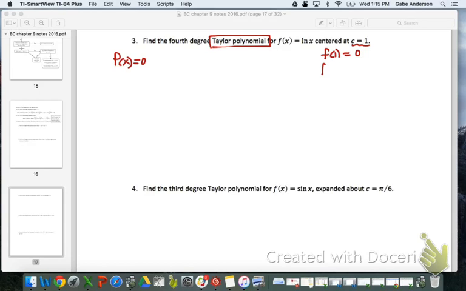So my first derivative is f prime of x, and that's equal to 1 over x. And so f prime of 1 is just 1. So it's going to be plus 1x. Our second derivative is going to be negative x to the negative 2.